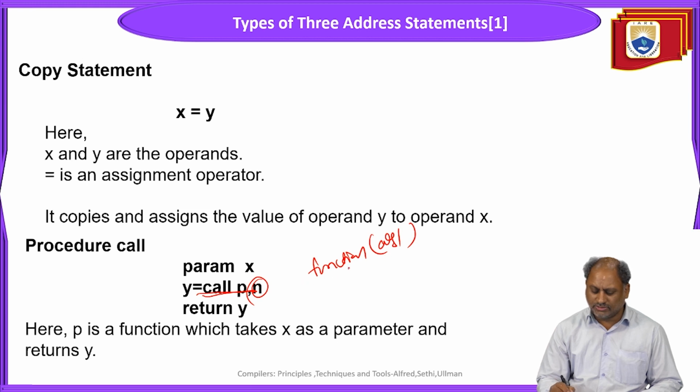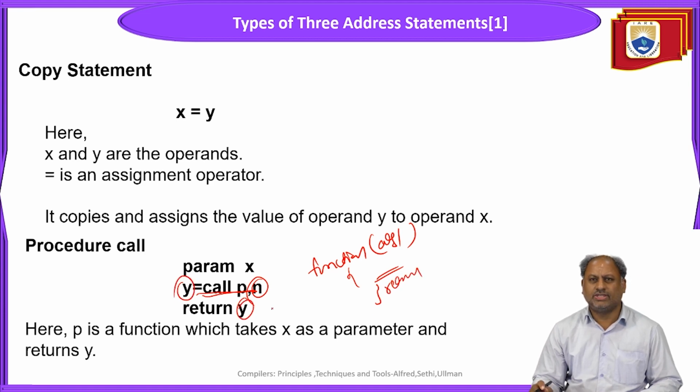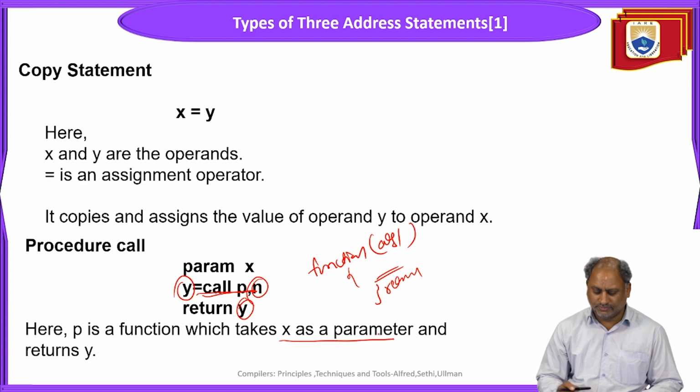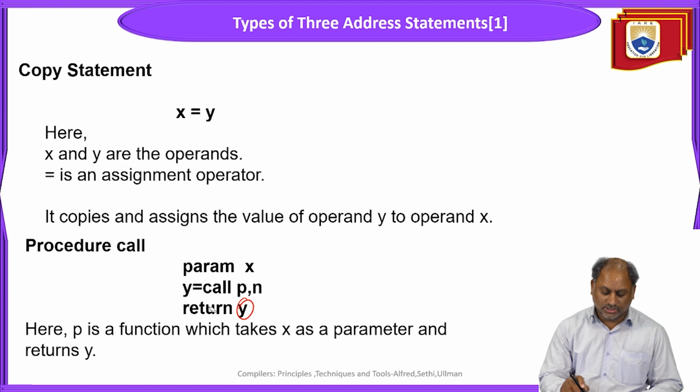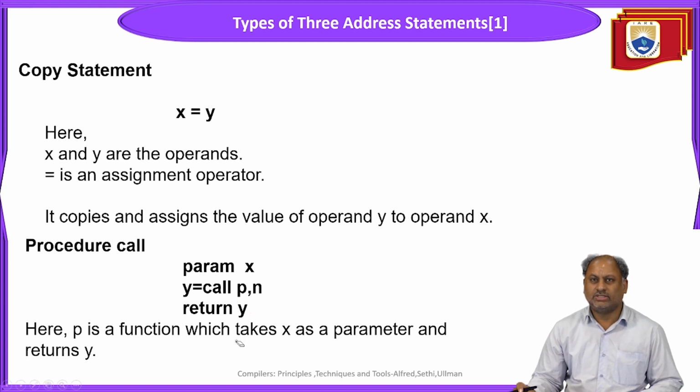That means after executing this function, it returns some value. That return value is carried out using the result y. So that's why y = call p, x, where x is used as a parameter. This is also one of the notations for representing a three address statement.